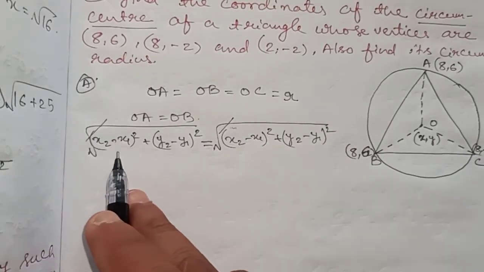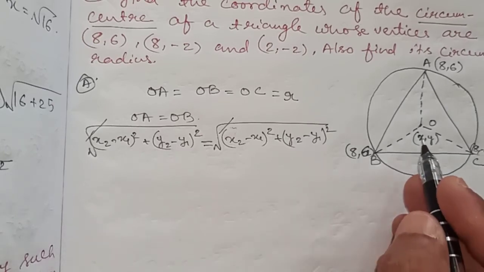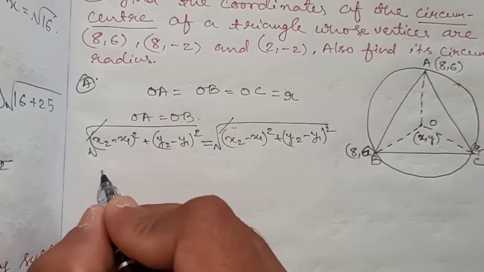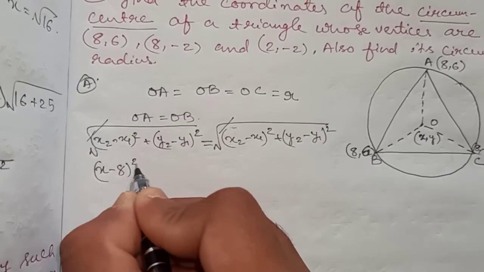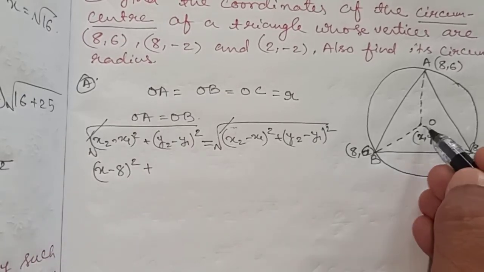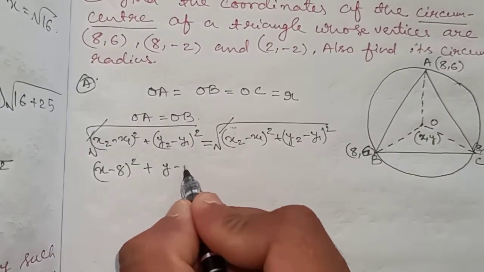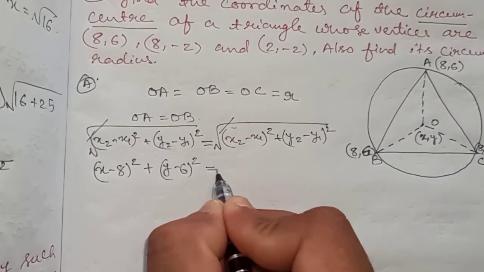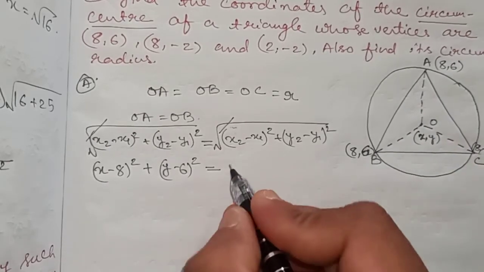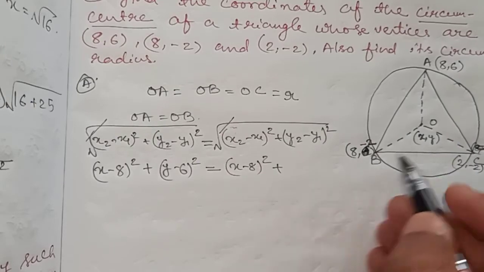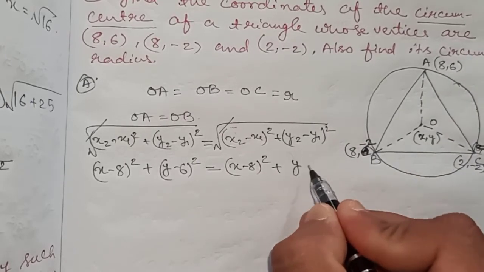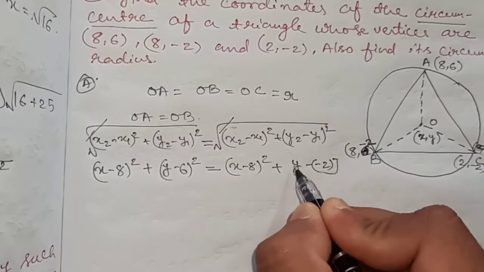Now we substitute the values: (x minus 8) whole square plus (y minus 6) whole square equals (x minus 8) whole square plus (y plus 2) whole square.